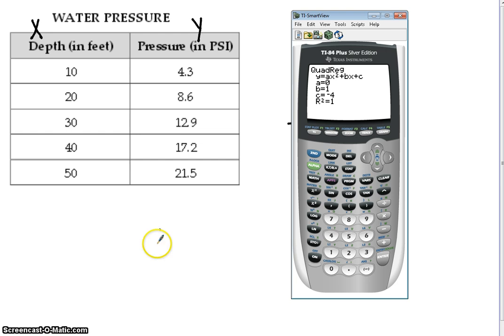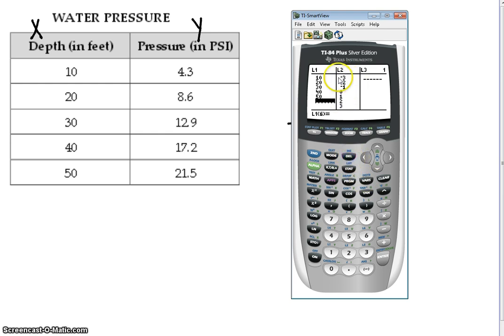So then you want to put them into stat. And you're just going to have 10, 20, 30, 40, 50, and delete this one.